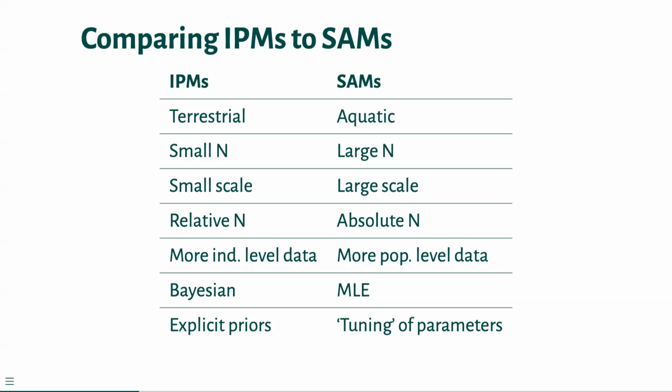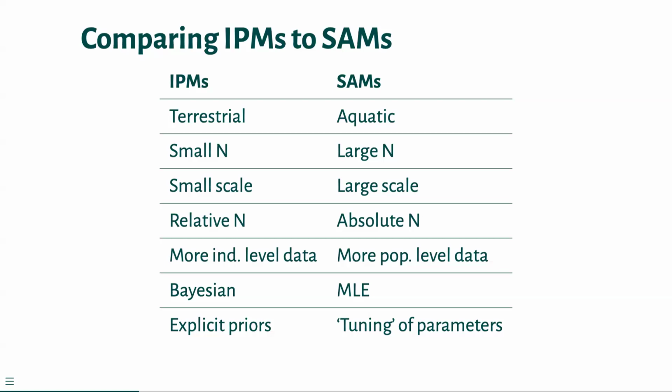Stock assessment models, on the other hand, come from the aquatic and marine worlds, where people are usually dealing with very large N of hundreds of thousands to millions of animals, or are interested in biomass as opposed to number of individuals, on large spatial scales. Because they are usually designed for extraction purposes to inform management, they're interested in the absolute number of animals or absolute biomass.